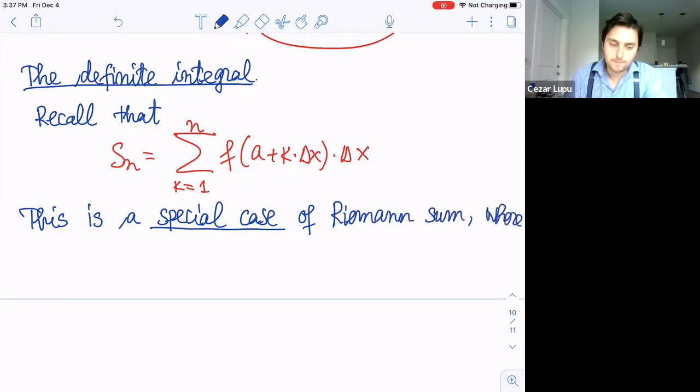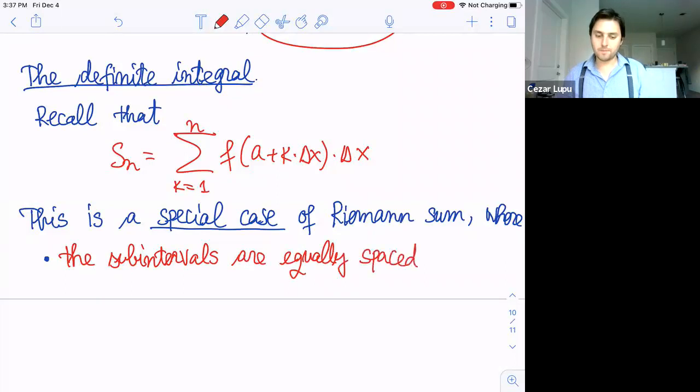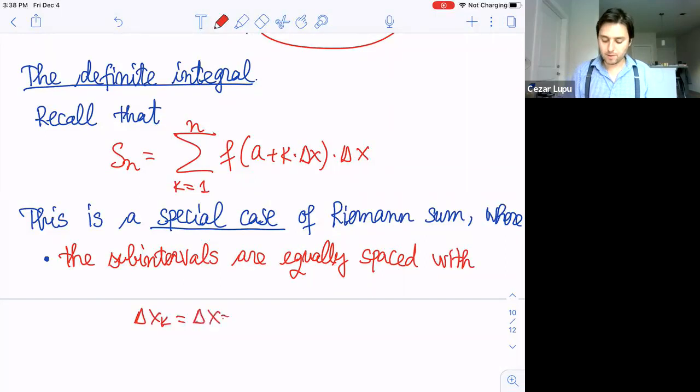where the following situation happens. The subintervals are equally spaced with delta xk being nothing else than just delta x, and this is b minus a over n.